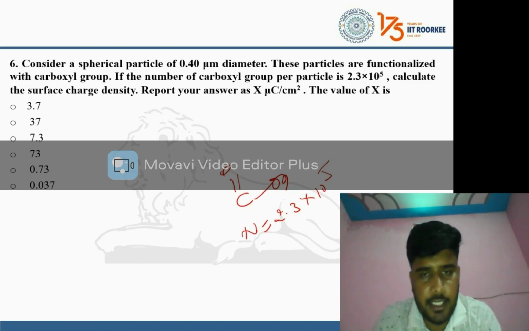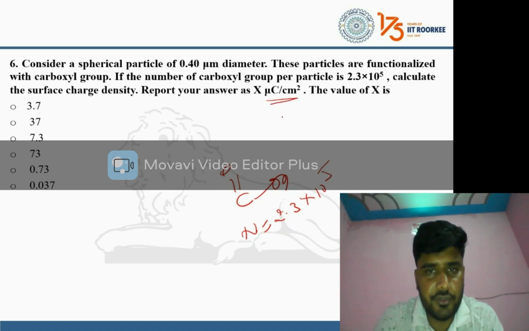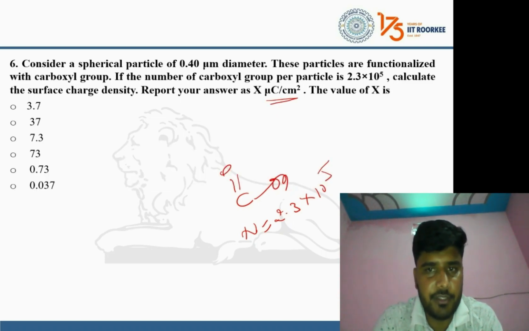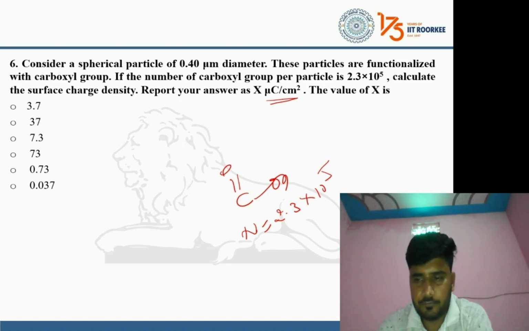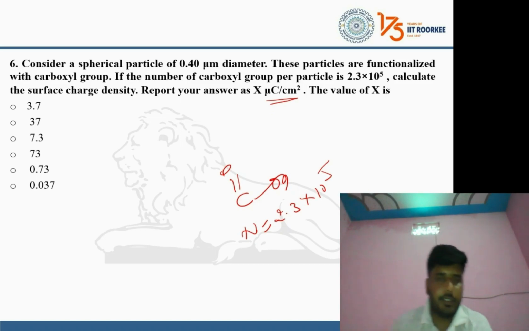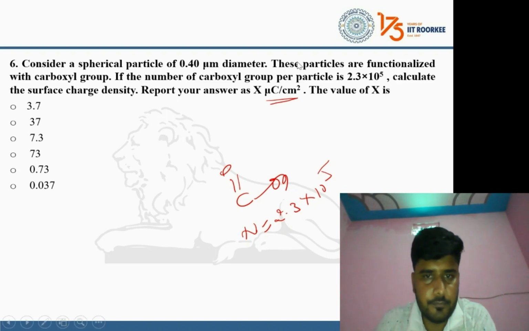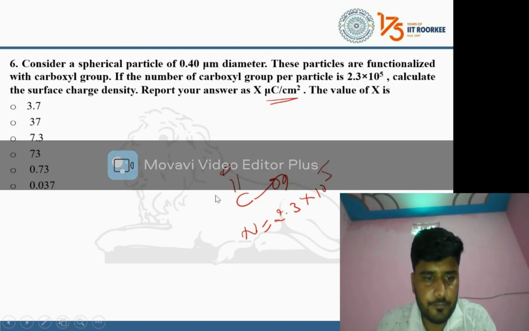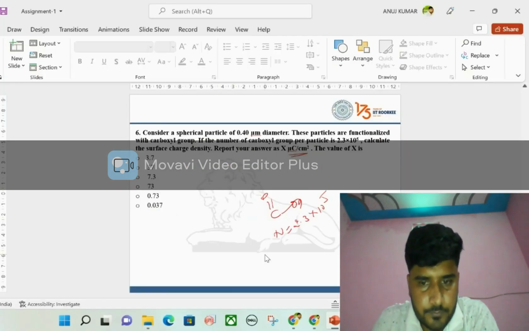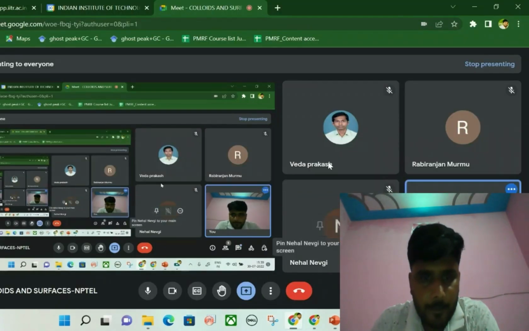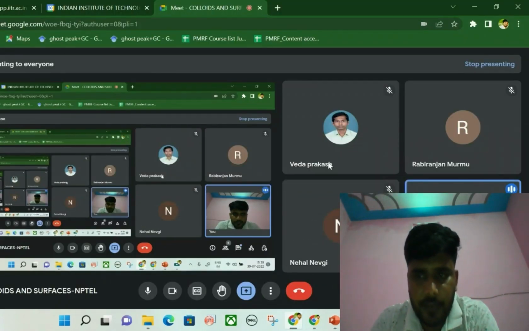The answer should have the units microcoulomb per centimeter square, so you have to calculate the value of x.